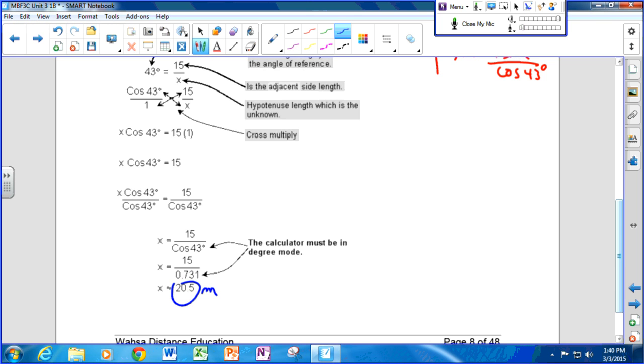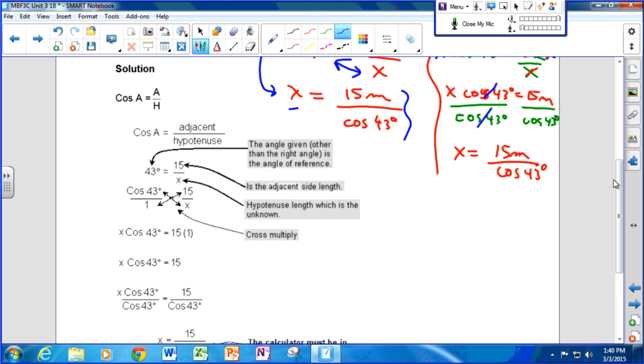Let's try it, just to make sure that everything's cool here. It's 15 divided by cos 43, but most calculators do 43 cos, and I end up with 20.5099192, which is way too many decimal places. It really should be 21 meters.